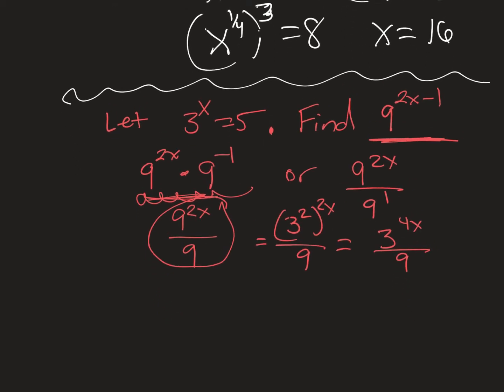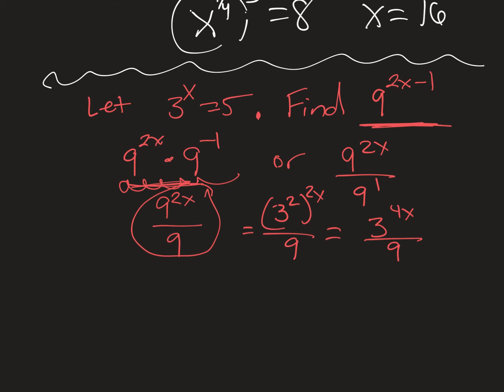Now, how can I isolate so I have 3 to the x? Remember, a power, as we just showed, you multiply. Well, let's undo that. That's the same as 3 to the x to the 4th over 9. And now I can plug in what 3 to the x is. It's 5. So 5 to the 4th over 9, or 625 over 9.